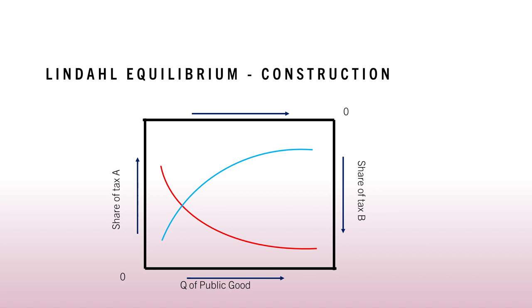We can also see that the two demand curves are crossing. We should remember that the red one is the demand for consumer A, and the blue one is the demand for consumer B. On slide number 6, we can see that the red curve is the demand for consumer A, and the blue curve is the demand for consumer B.